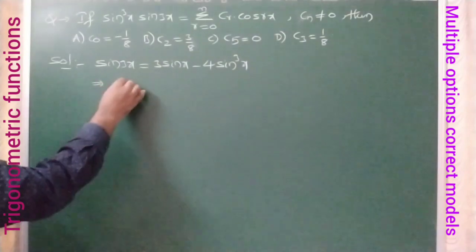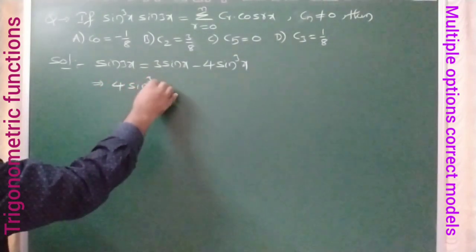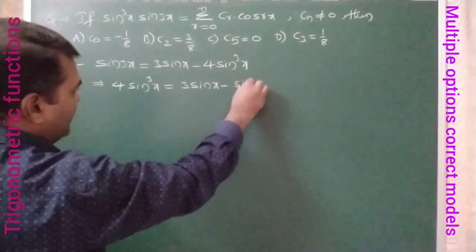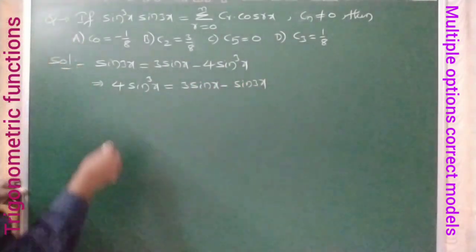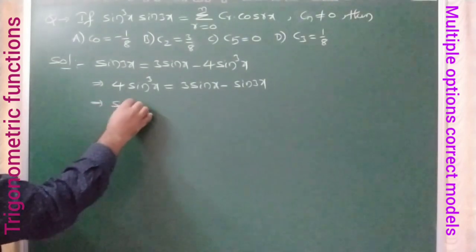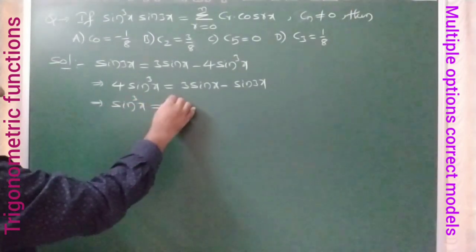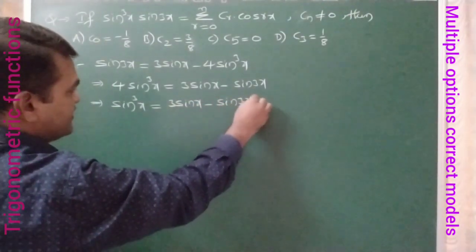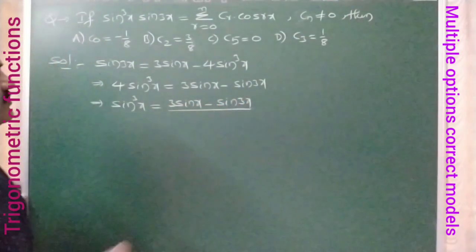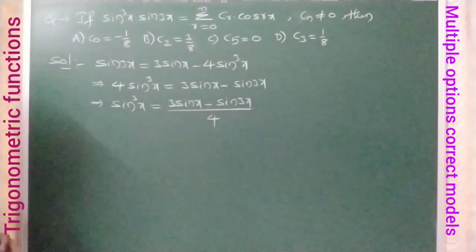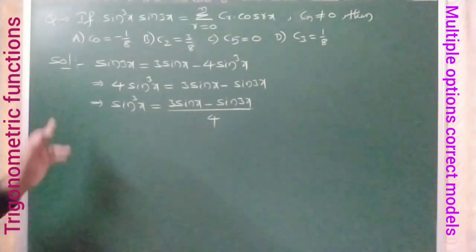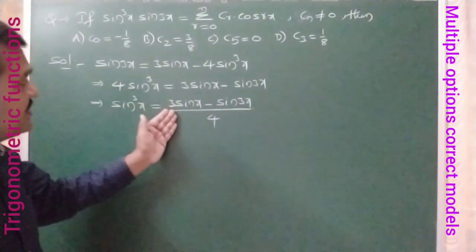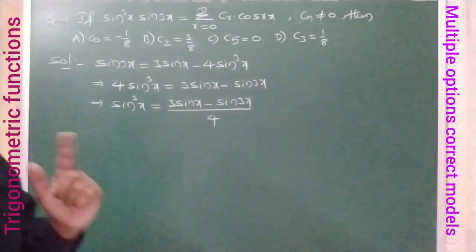So from this we get 4 sin cube x is equal to 3 sin x minus sin 3x. Dividing by 4, we get sin cube x is equal to (3 sin x minus sin 3x) by 4. So this is basically the sin cube x value in terms of sin x and sin 3x. We will use this while we are simplifying the LHS.